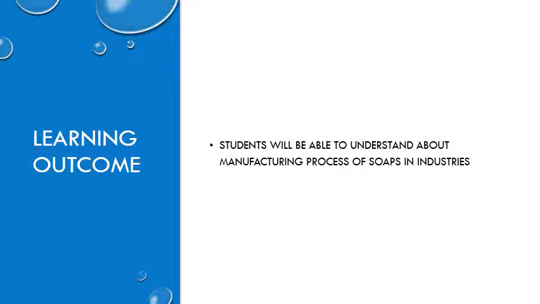What will be the learning outcome of this lecture? Students will be able to understand the manufacturing method of soaps at a large scale in the industries, how they are manufactured.